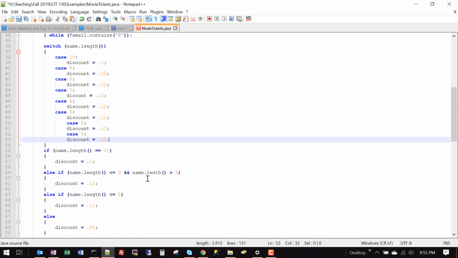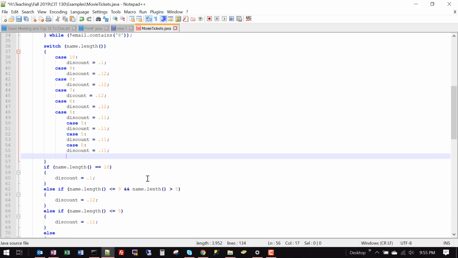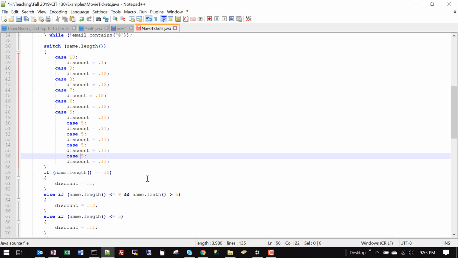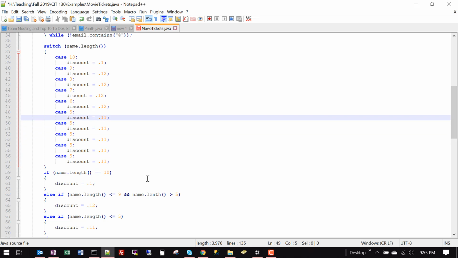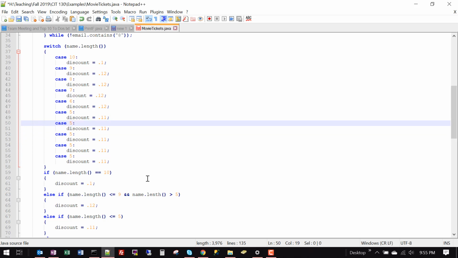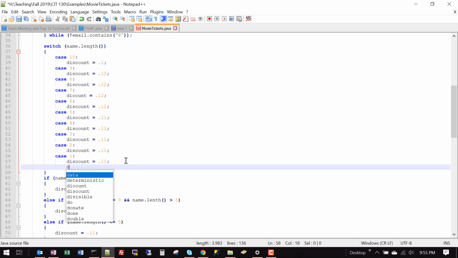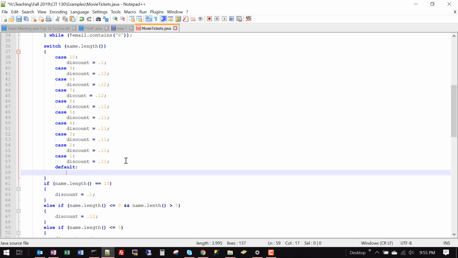That'll be 4, 3, 2, and we'll just say 1. I can't imagine somebody who has a name that is 1 character. But just for the sake, again, of demonstration and learning, let's look at it that way. Then for the else, we use this keyword default, and we just say discount equals 0.09.